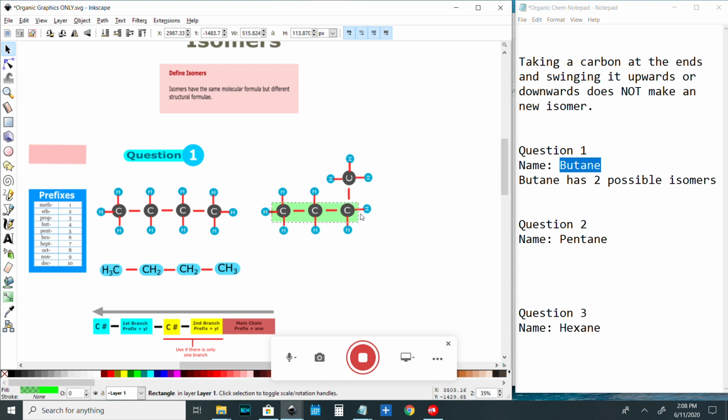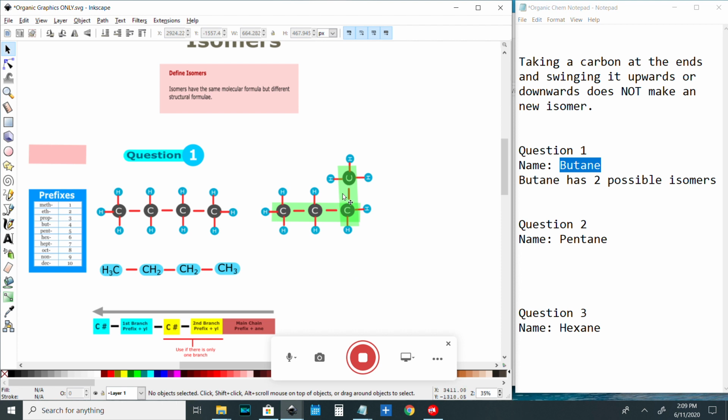So from here all the way to here, let's highlight it, it's still 4 C's. 1, 2, 3, 4. So it's still BUT, and it's going to end with ane. So this is not an isomer. In fact, this is just the original one twisted, okay? So it's not an isomer.